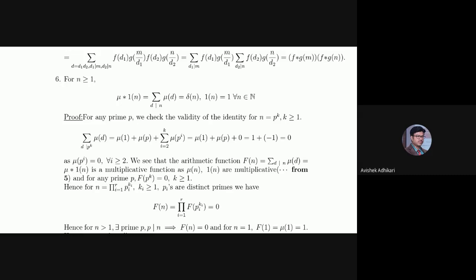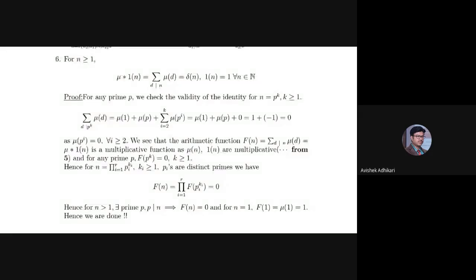For this, we first start by considering a prime number p, and let us consider n where n is p^k, where k is greater than or equal to 1. So we are first going to try to prove it for a natural number which is a power of only one prime, p^k.